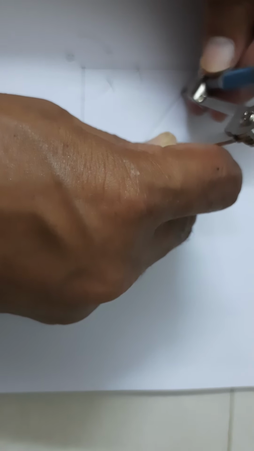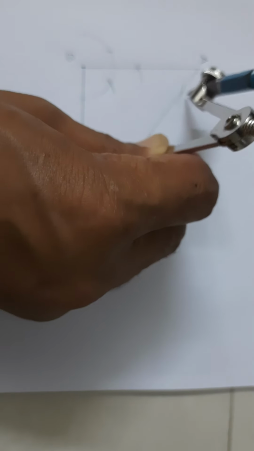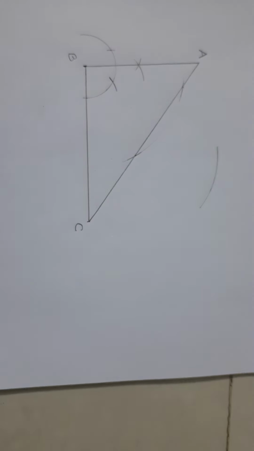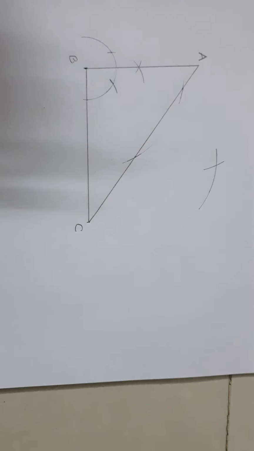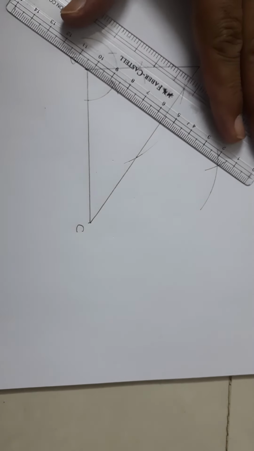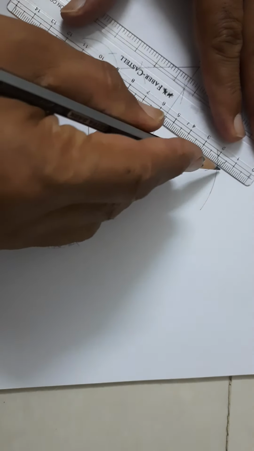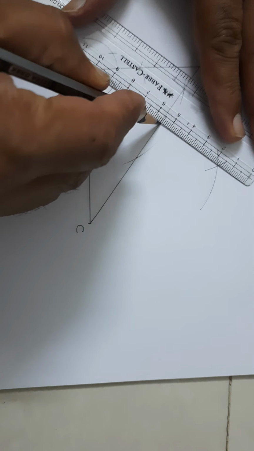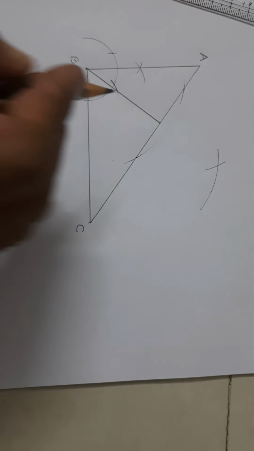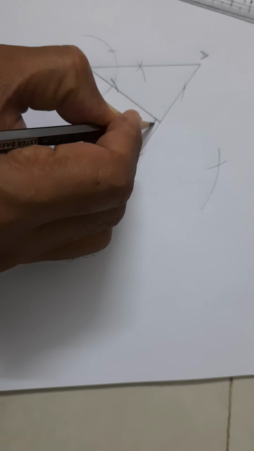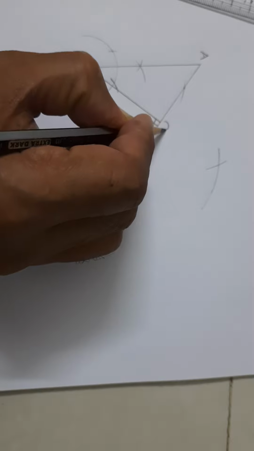Measured one on this side, and one from here. And I am drawing only the perpendicular from B to AC. I am not extending it till there. We will draw only this. So this is a right angle. I call this D.